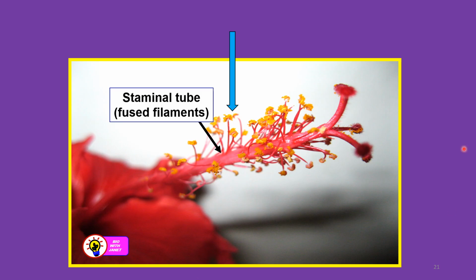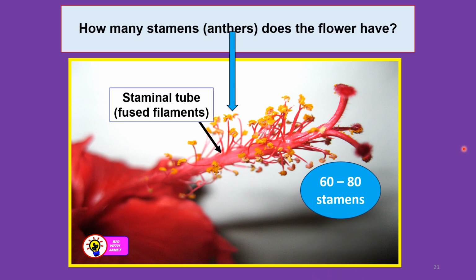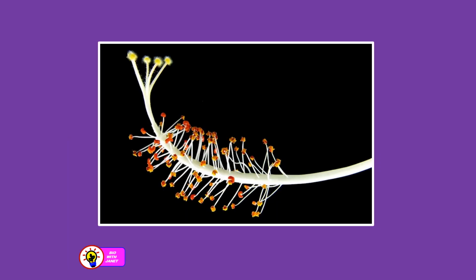Now, for the hibiscus species flower, how many stamens or anthers does the flower have? Okay, so if you count it, it comes to about 60 to 80 stamens. You can count either the filaments or the anthers, right? Now, this is the structure from a white hibiscus flower. So you can see the filaments more clearly here.